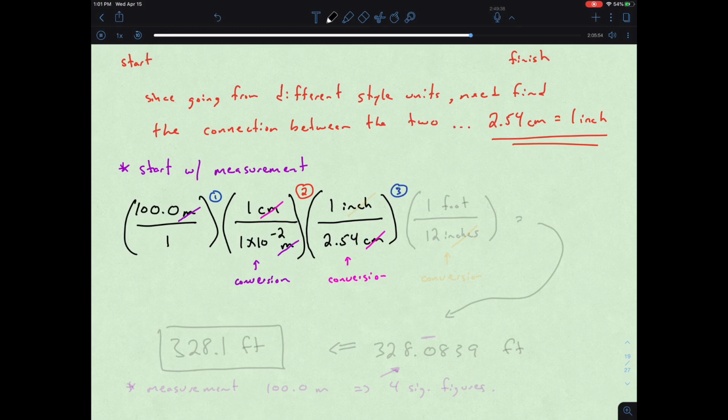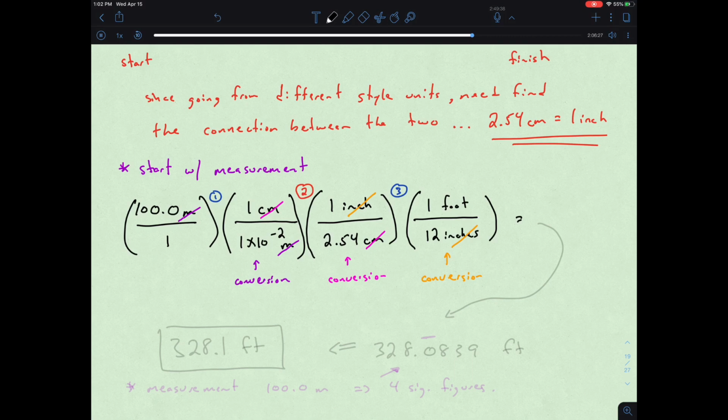And step 3, now we're going between those two units, the final unit, which is feet or foot, and there are 12 inches in a foot. And so that is our last conversion here, with inches canceling out.